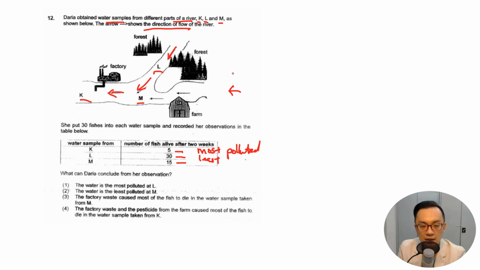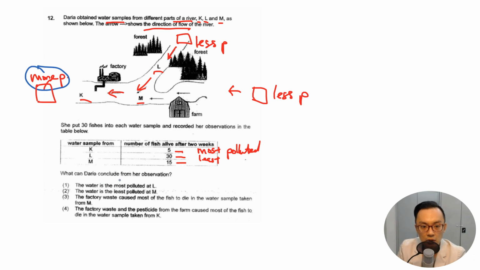If you look at the river water, downstream over here will be more polluted than upstream. So this is less polluted, less pollution over here. Downstream will have more pollution.